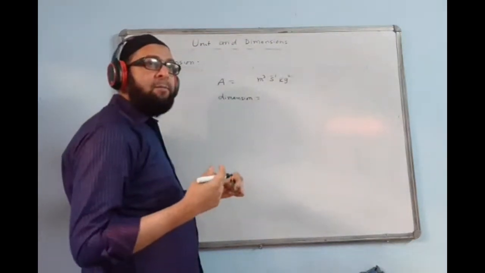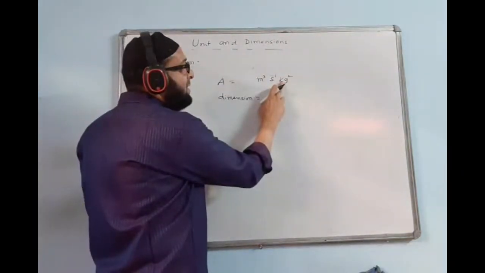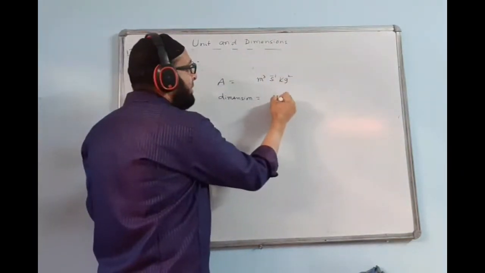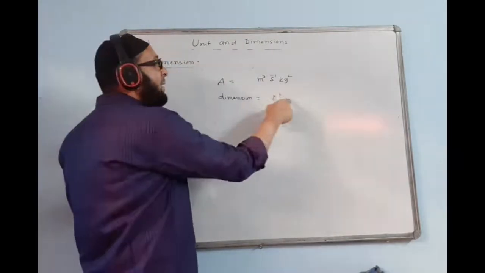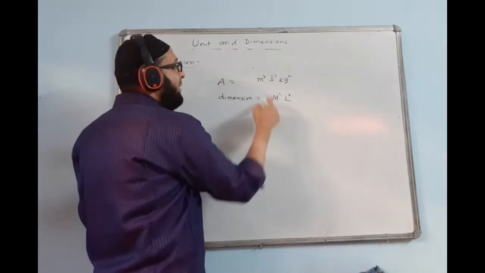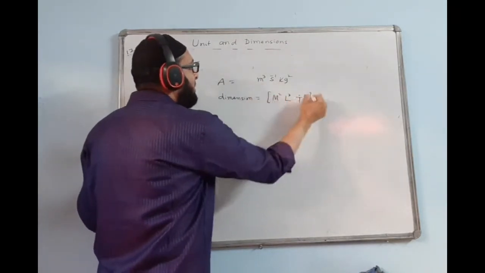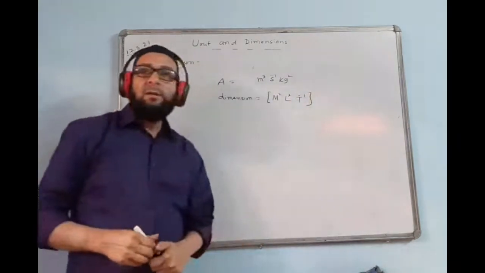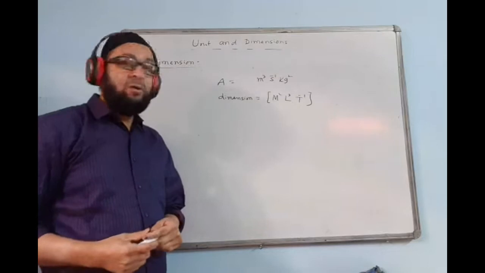You write in order. First you write M, then L, then T. M is kg, mass is kg, so M squared I can write. Then I write L: meter is length, power 3. S means time, so the time power is minus 1. So this is the dimension. So when we know the unit, we will know the dimension also.